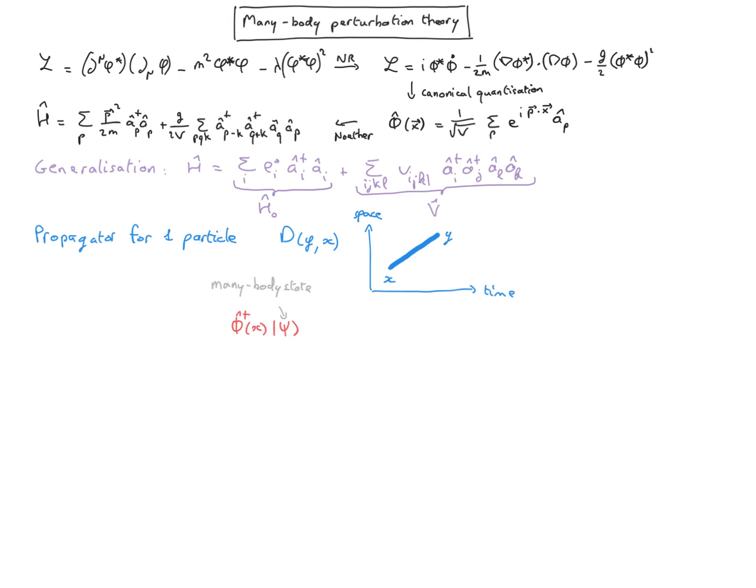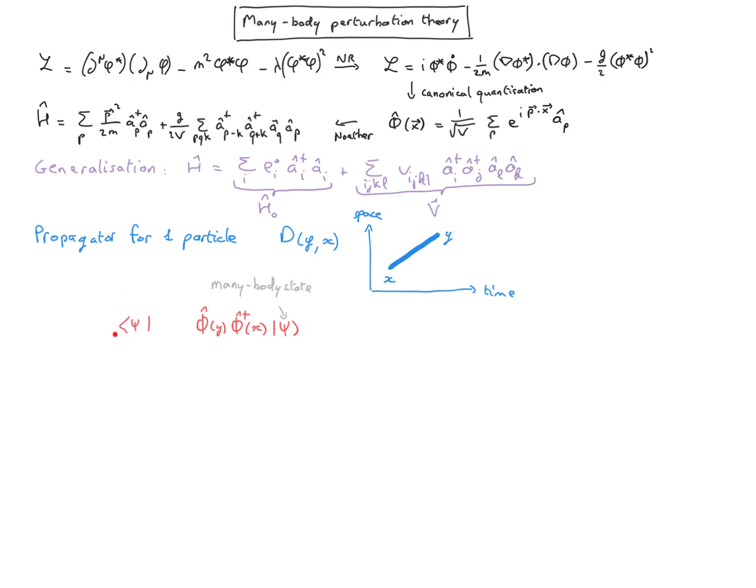So we can create a particle at the space-time position x. We can then let it evolve and later on annihilate it at the space-time position y. And if everything goes as planned, we return to the initial state psi.